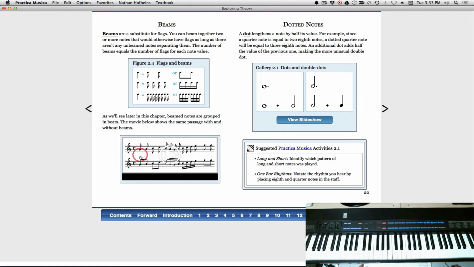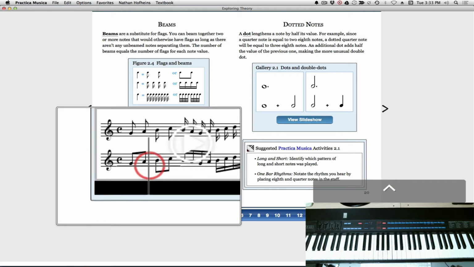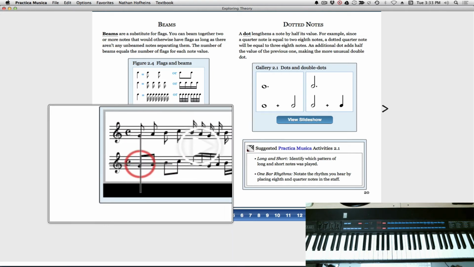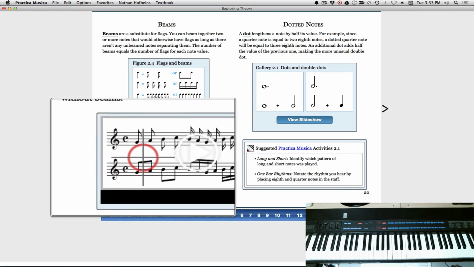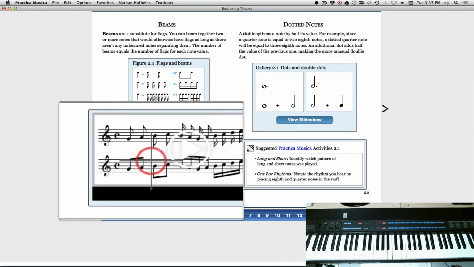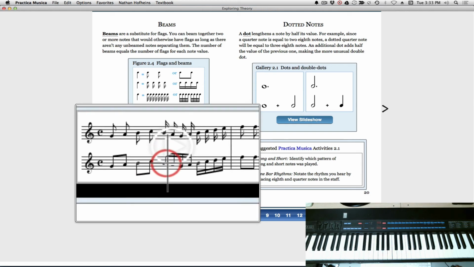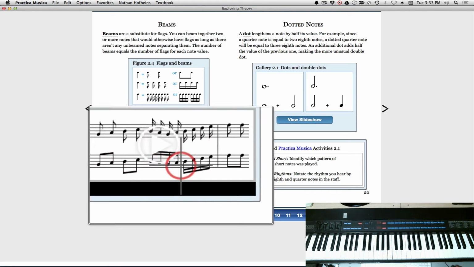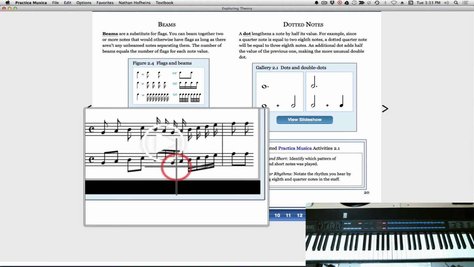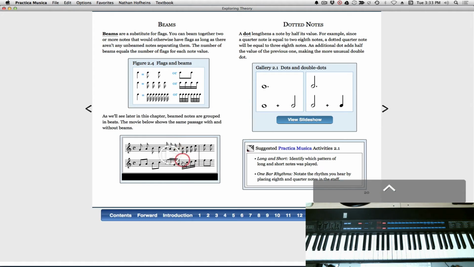So you can see that the beams on the notes show where the beats are. You beam all the notes together that are within the beat. Here's beat 1, here's beat 2, here's beat 3, and beat 4. And if you have 8th notes or 16th notes in there, you can beam them together so that it shows more easily where the beats are.